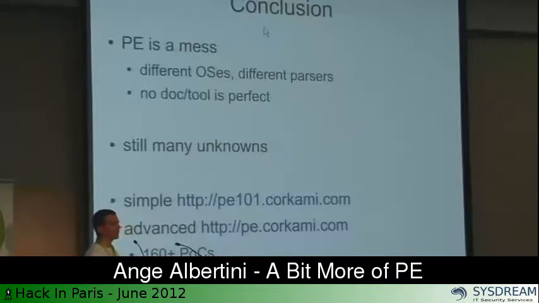A good thing is that ReversingLabs, which is very good also in PE studies and writing tools, is about to release an open source library that should be extremely strong to parse and handle PE files. They asked me to review it. Also pefile, the Python library by Ero, is pretty strong. There are still many unknowns, but at least a lot less than when I started, I think.